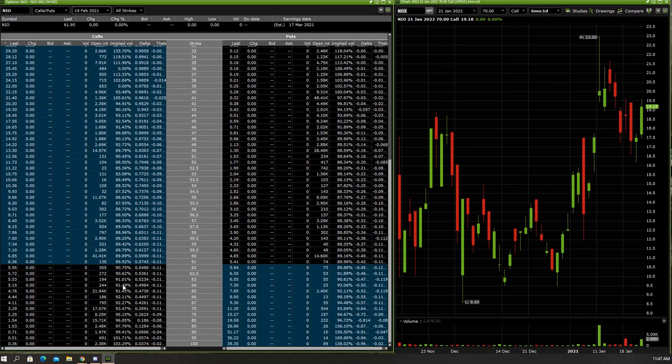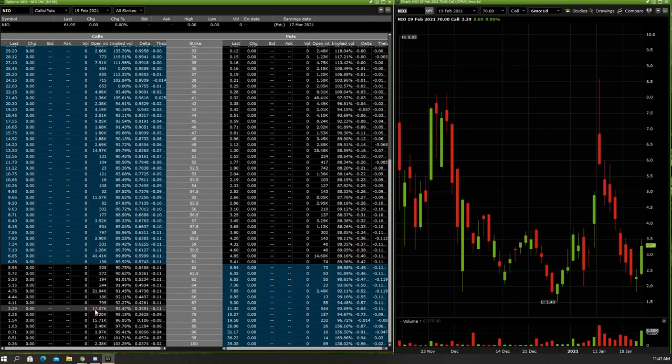Let's go to the 70s, and I can look to sell these 70s while owning the 70 leaps. At that point, if it's not at 70 by the time expiration hits, you make $329 per contract that you sell against it, and that is going to basically reduce the cost of that $20 leap contract you paid, or $19 leap contract you paid.